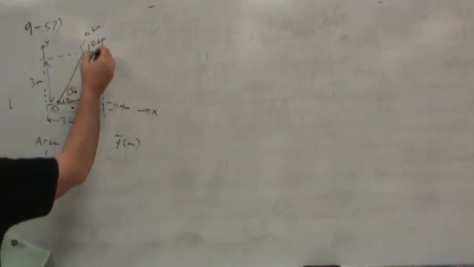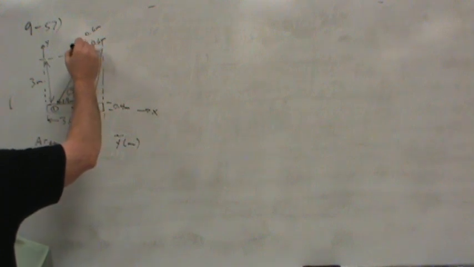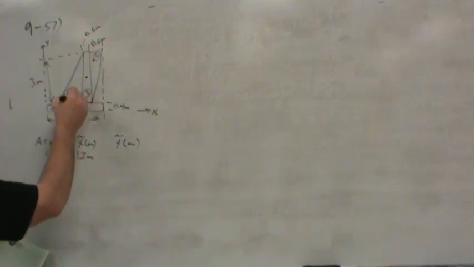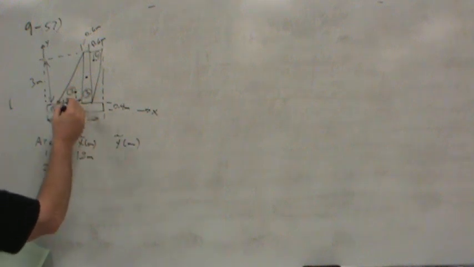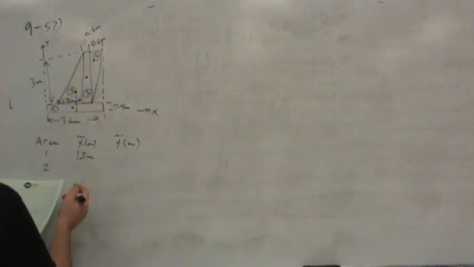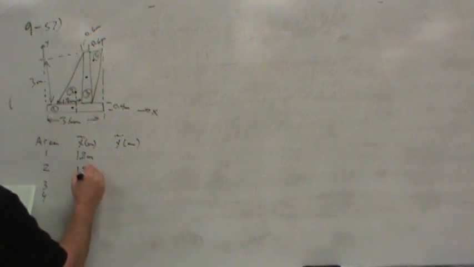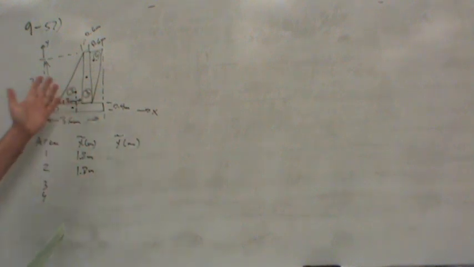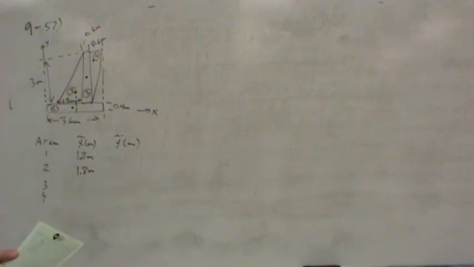So 3.6, 3, 2.4, take off another 0.6, and we're at 1.8. So the centroid of triangle 2 is at 1.8 meters. It happens to be right above the centroid of body 1, despite the fact I didn't draw them that way.